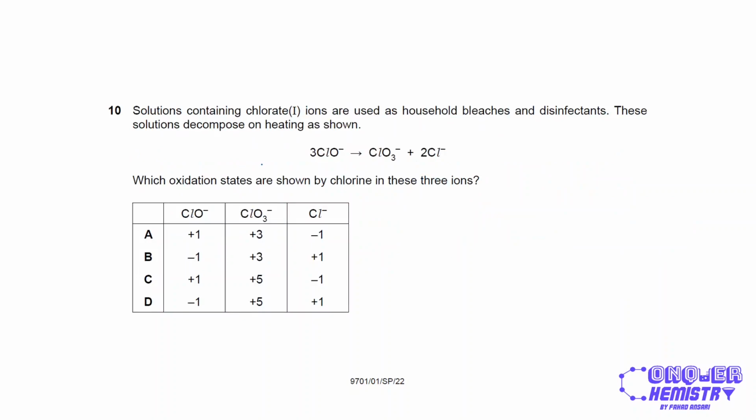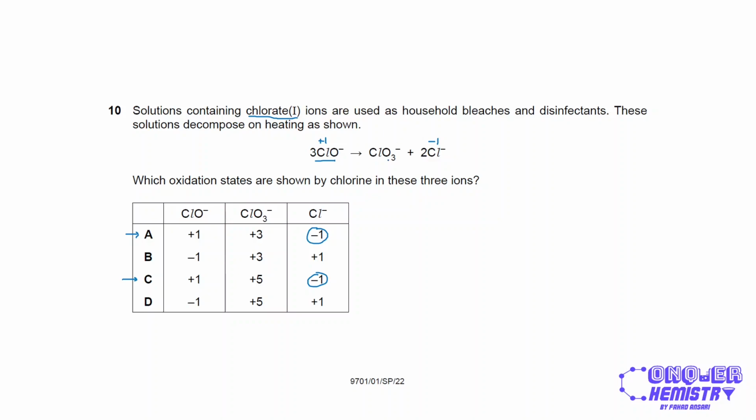So now we have a redox reaction containing chlorate(I) ions over here. From the name chlorate(I), that tells us that chlorine has a +1 oxidation state. So that means option A or option C will be acceptable, right? And chloride ions, Cl⁻, obviously it's -1, right? And both A and C have -1 and -1, so we have to calculate the oxidation state of chlorine in ClO3⁻.